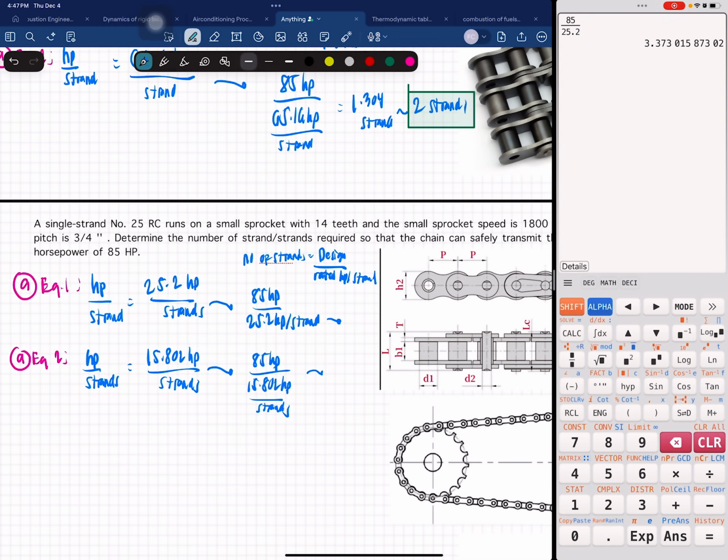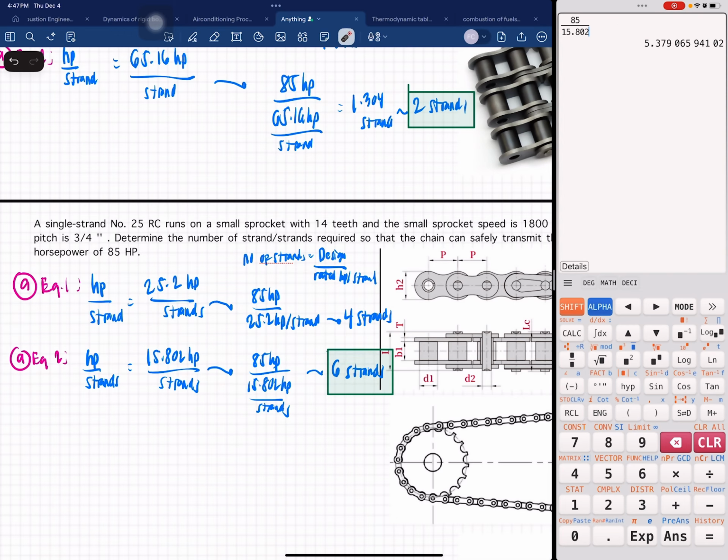So approximately we will have 4 strands here, and you would have around 6 strands here. So to compensate for the 85 horsepower, you need at least 6 strands.